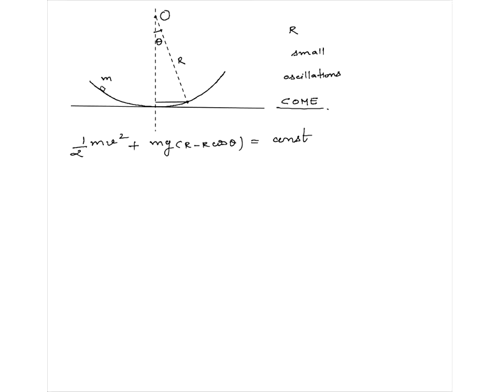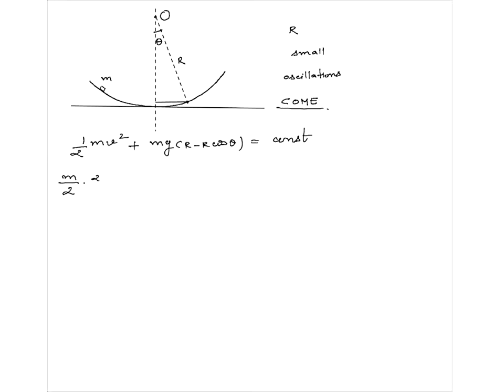When we use energy approach, we differentiate. You will see how it works so well in SHM. Differentiate with respect to what? With respect to time. M by 2 is constant.